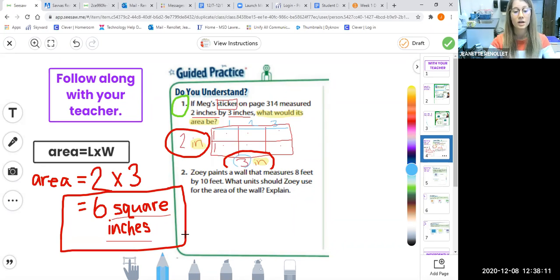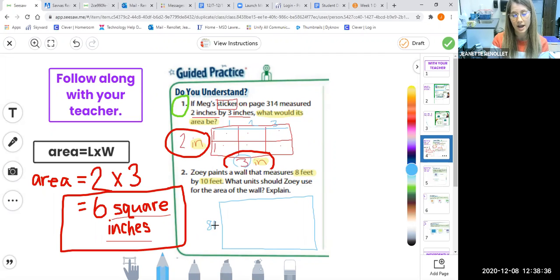Explain. First, we need to draw a model. Here's my rectangle. Here's my wall that Zoe's going to paint. It says she has a wall that is 8 feet by 10 feet. So I'm going to say this side is 8 feet.